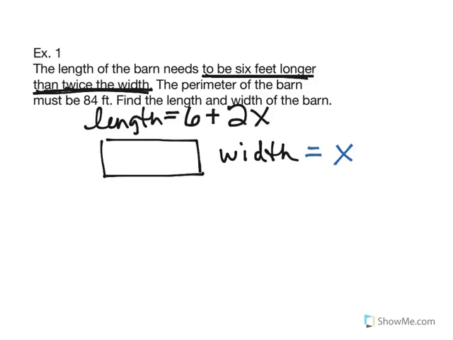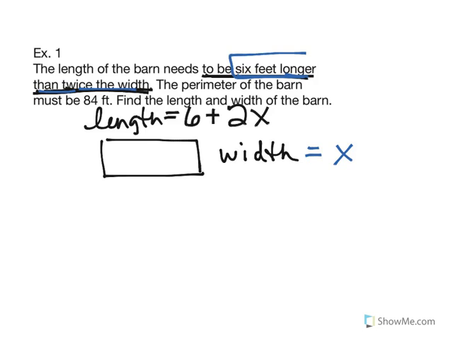So notice we've just translated this math into mathematical symbols. 6 feet longer than twice the width. Once we had a symbol for width, it was easy for us to name the length.